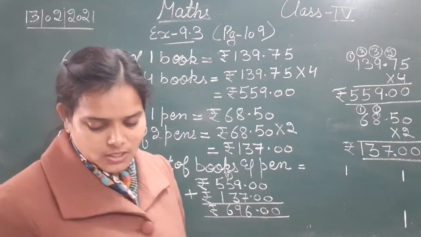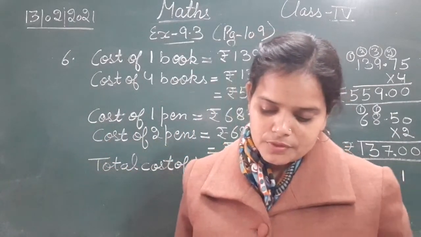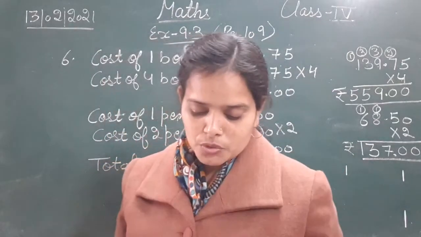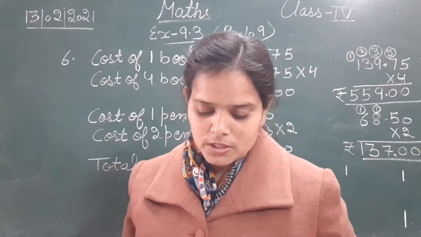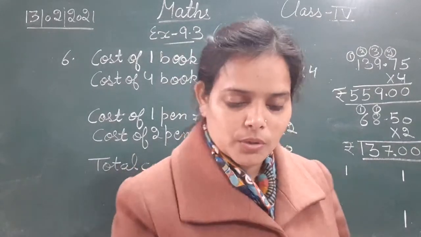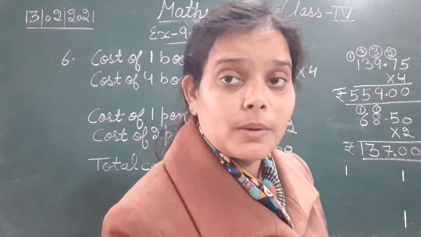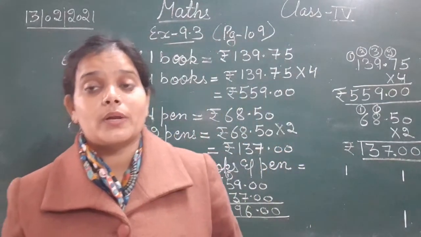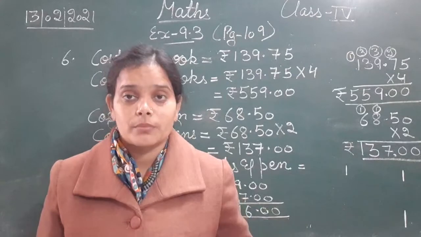But now they have said that she gave one 500 rupee note and two 100 rupee notes to the bookseller. What amount did she get back? So in this she has also given some amount, two different types of notes, and we have to calculate what amount she will get back from the shopkeeper.